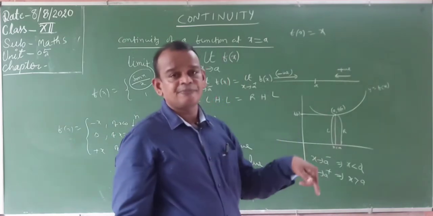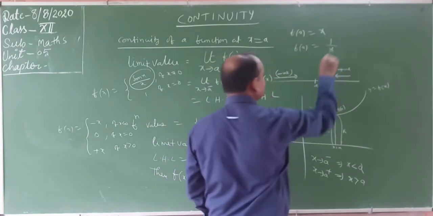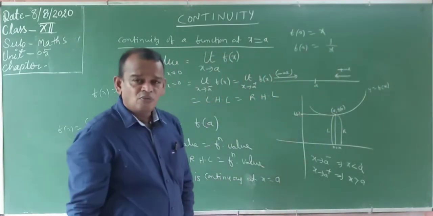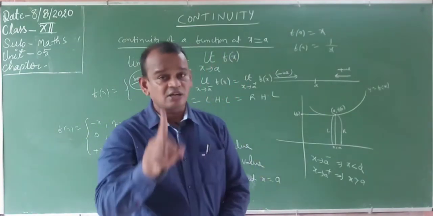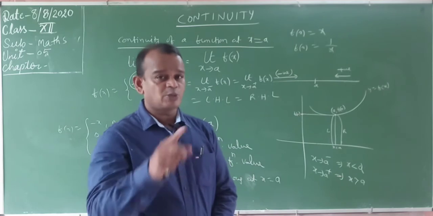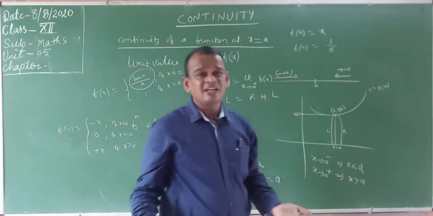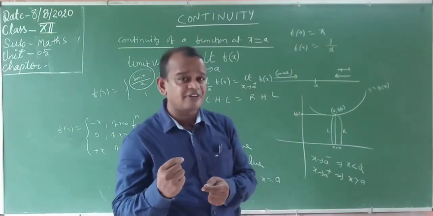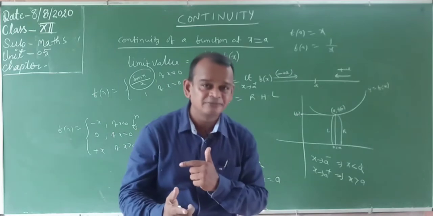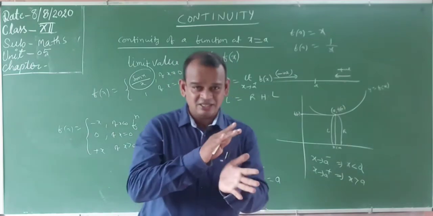The domain is R. Suppose you take f of x is equal to 1 by x. What is the domain of that function? The domain of the function is not R. Why? Because if the x value is 0, 1 by 0 means 100% infinity, not defined. At x is equal to 0 it is not defined, so that is not part of the domain.